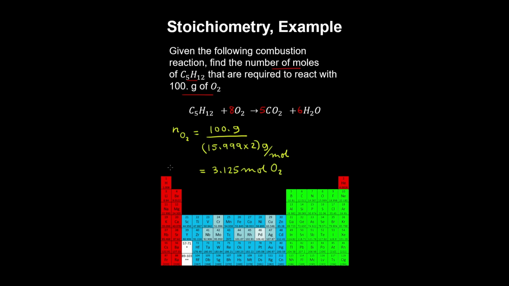And therefore the number of moles of pentane can be obtained by recognizing every 8 moles of O2 reacts with 1 mole of pentane. And we can see that moles of O2 cancels, which gives 0.391 moles of pentane to obtain a complete combustion reaction where all the reactants are consumed. And here we've used 3 significant figures according to the problem.